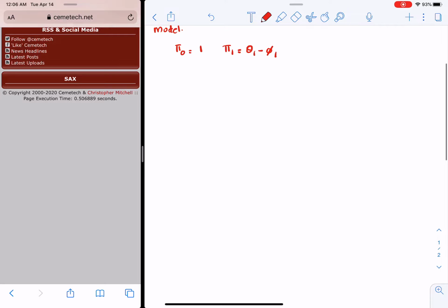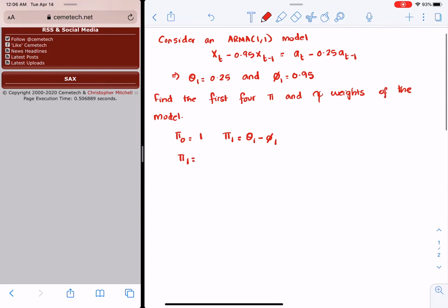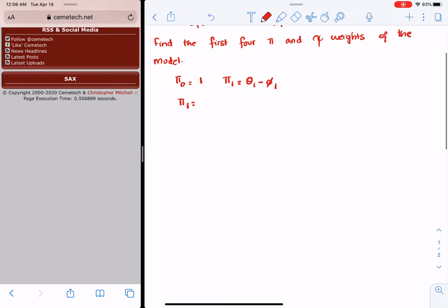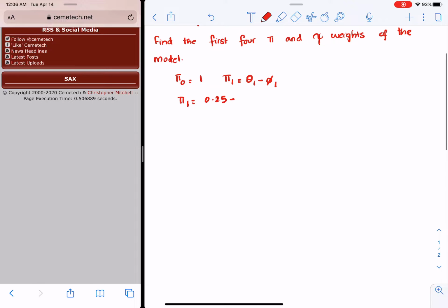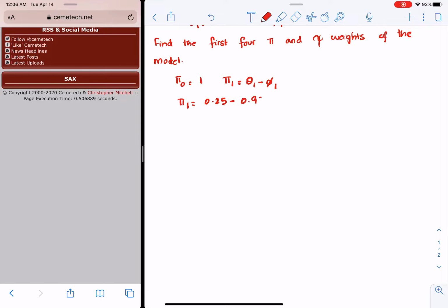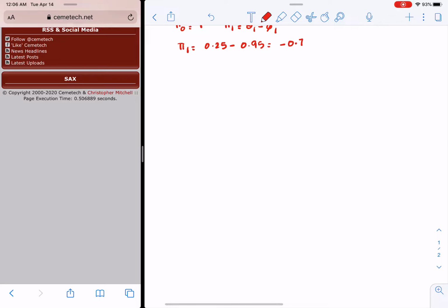So pi 1 would simply be equal to the value of theta 1, which is 0.25, minus phi 1, which is 0.95. We end up getting negative 0.7. Pi 2, you can either use the recursive equation.